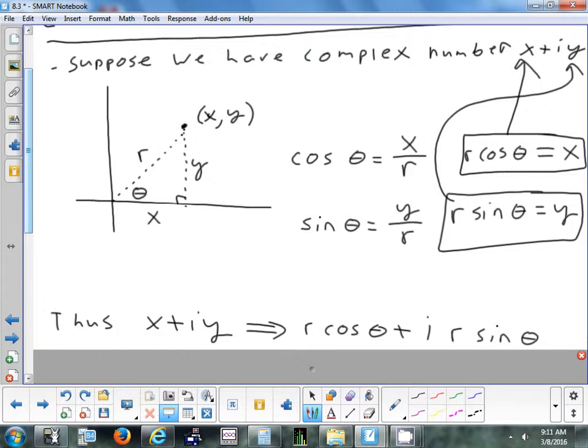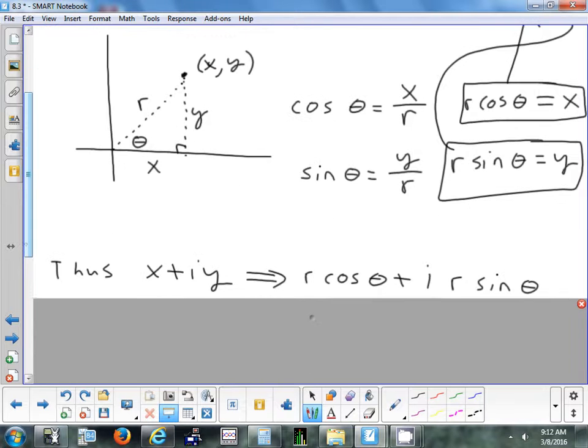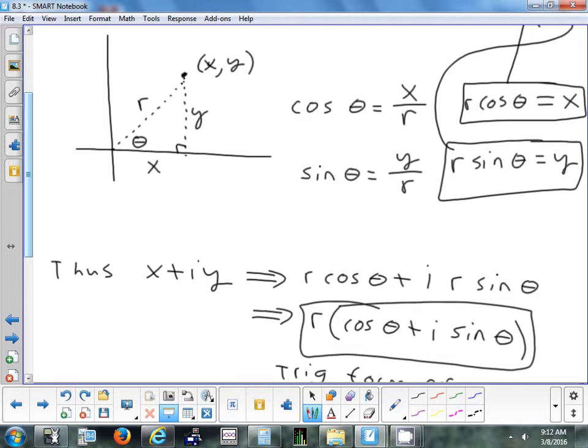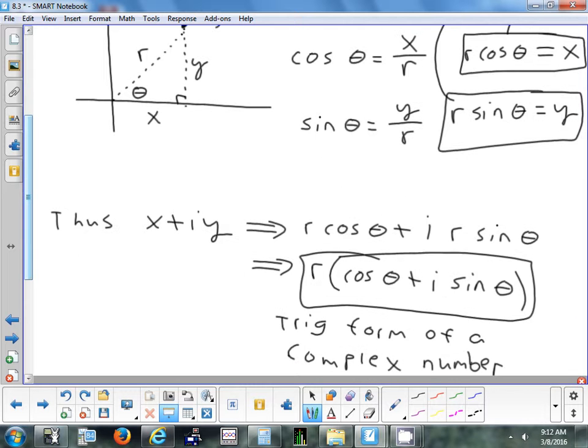What can you do when you have two terms and they have the same thing in common? You can factor it out. So it's the reverse of the distributive property. I factored out an r, and I end up with r times cosine theta plus i sine theta.